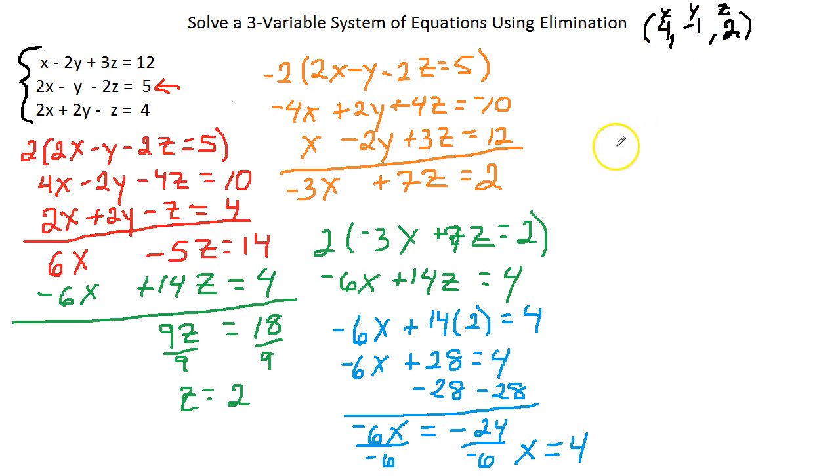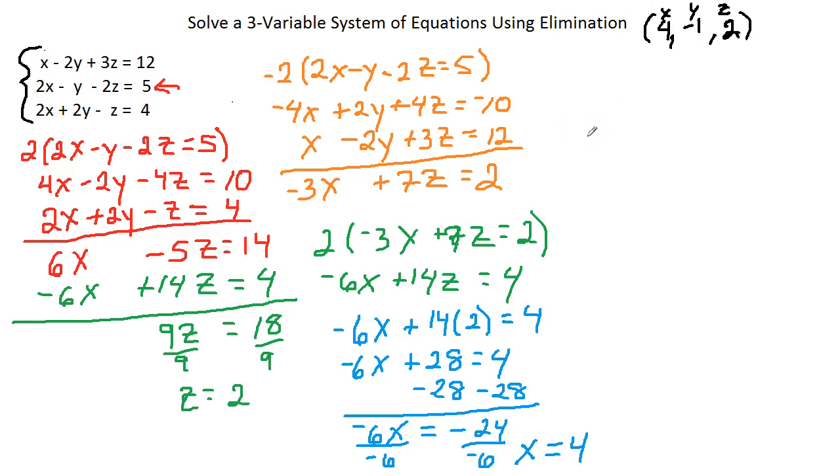Okay? And now we have to plug in 4 for x and 2 for z into any one of the 3 original equations to find the value of y. Alrighty, let's see. I haven't used purple, so we'll use purple. Now, I know x, I know z.